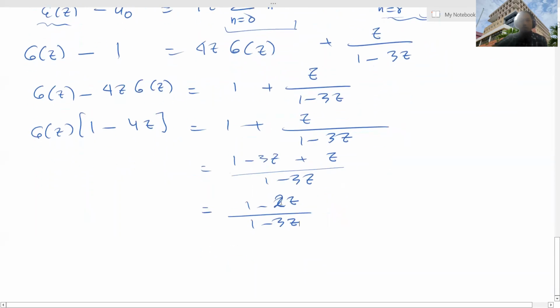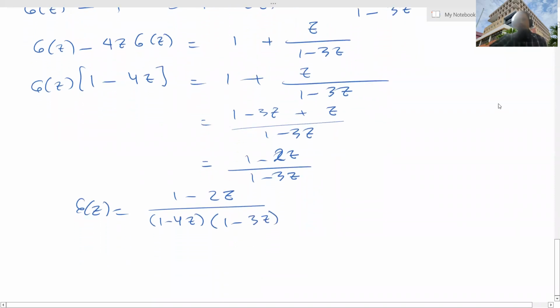Therefore we obtain that G(z) is actually 1 minus 2z over 1 minus 4z times 1 minus 3z. All right. Now, what is our next step?